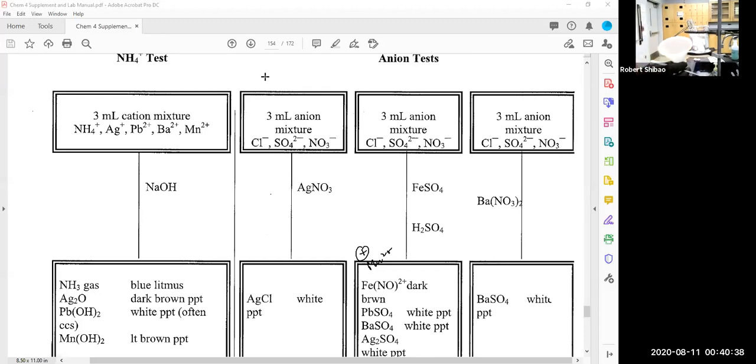Okay, and then I got to clean this funnel. But I'm not going to do the full cleaning regimen because I don't have enough time. And so I'm just going to rinse this with some DI water, like this. It depends. If you need to get it really clean, then you should use soap and water.